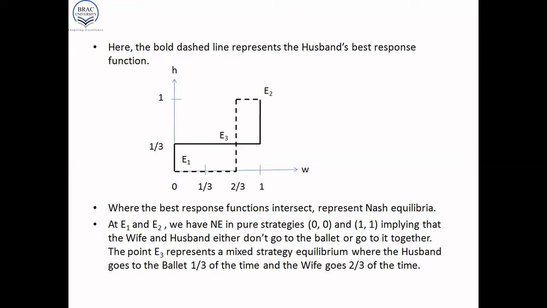At point E3, where the two step functions intersect, you have H equal to 1/3 and W equal to 2/3. That represents a mixed strategy Nash equilibrium, where the wife is going to the ballet 2/3 of the time, and the husband is going to the ballet 1/3 of the time.